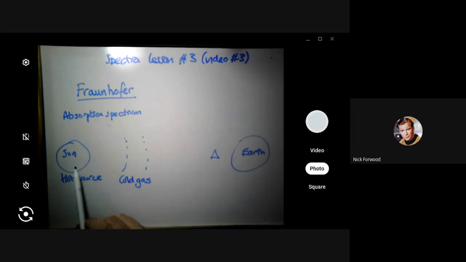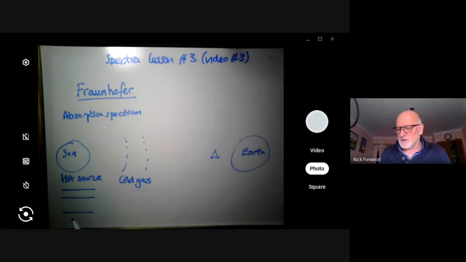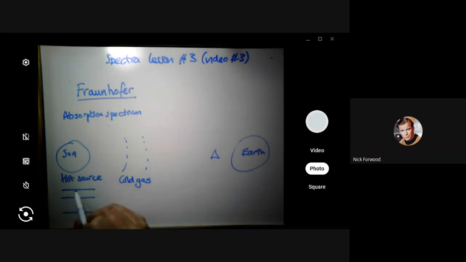Near the hot source, the gases that make up the hot source, if we have a look at our energy diagrams, the sun is so hot that the heat that's produced makes the electrons jump from here to here. Okay, that's inside the sun. The electrons are very high up in the orbit of the atoms, and the electrons drop back down.